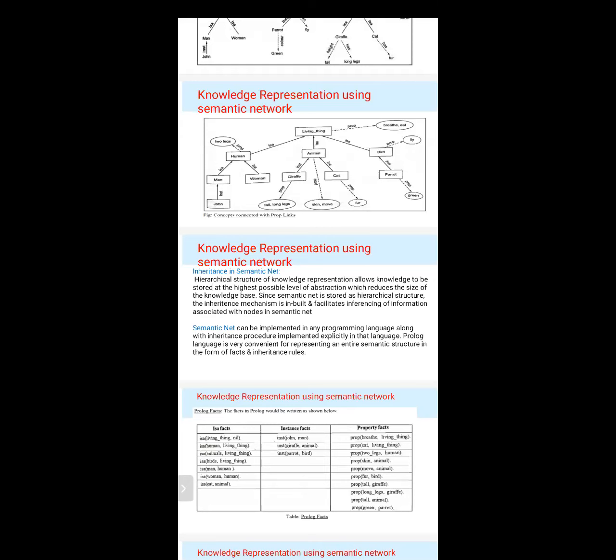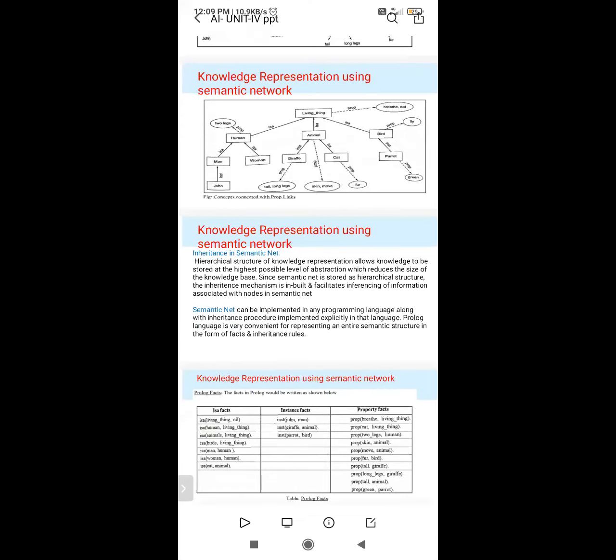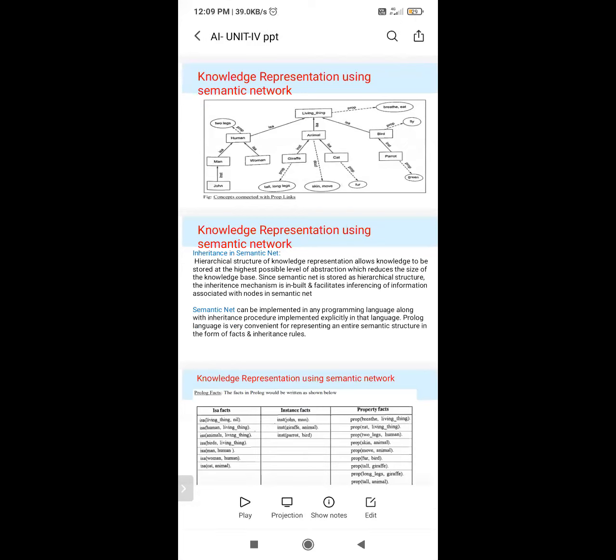Since a semantic net is stored as a hierarchical structure, that means from top to bottom, in order to reduce the size of the knowledge base, the knowledge will be stored at the highest possible level of abstraction.